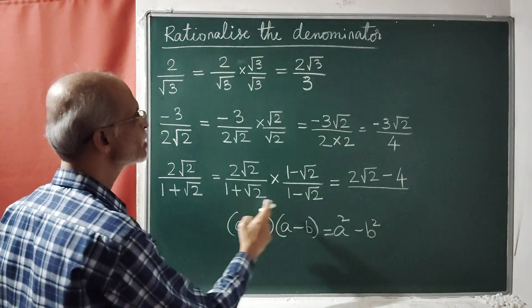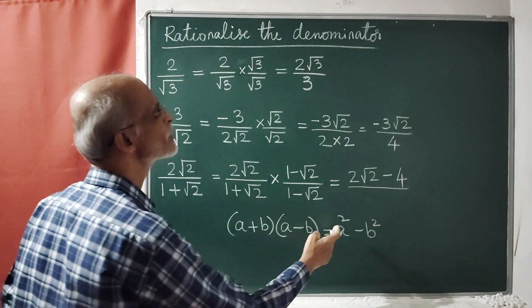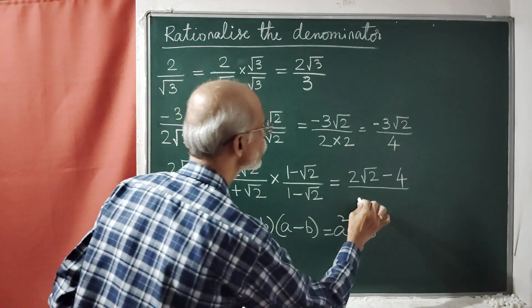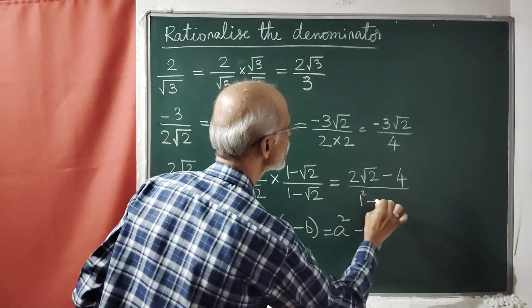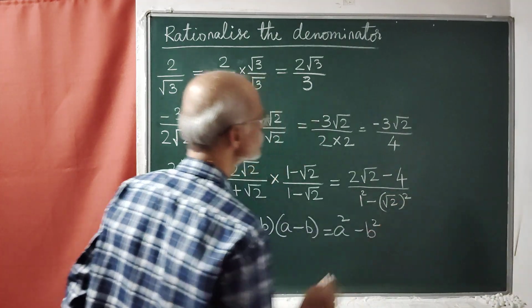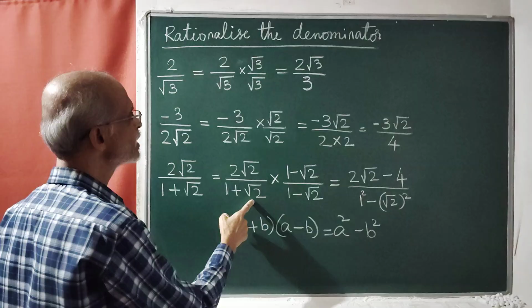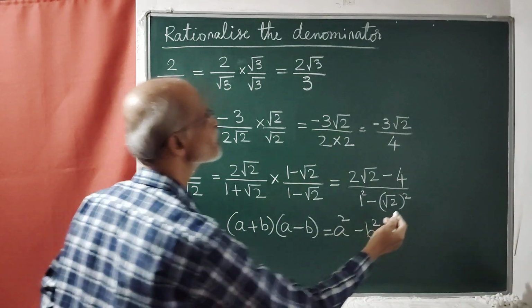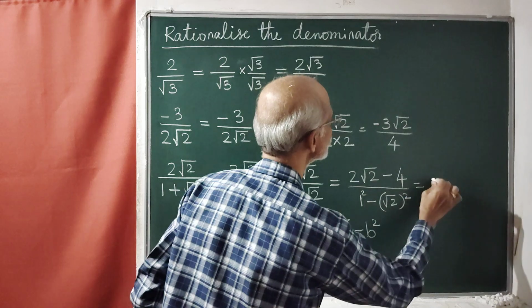This is a and this is b. So we will get 1 square minus root 2 square. Then what we will get?